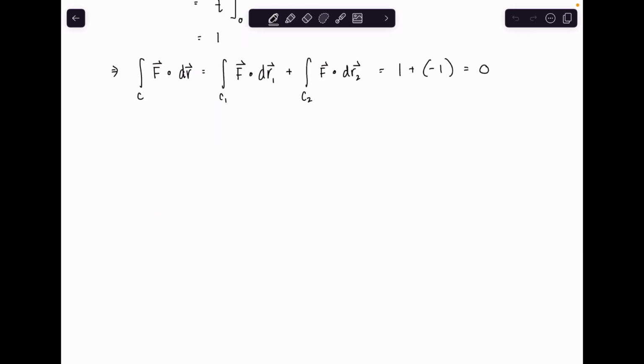So we're going to do one more last example with this vector field. Here, C is the line segment from 0, 0 to 0, 1.